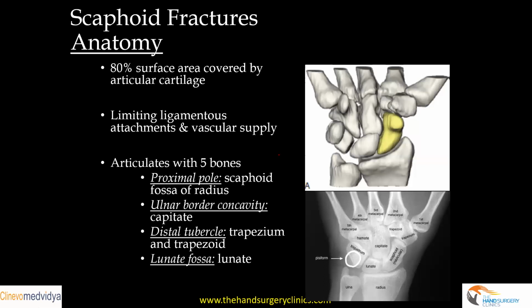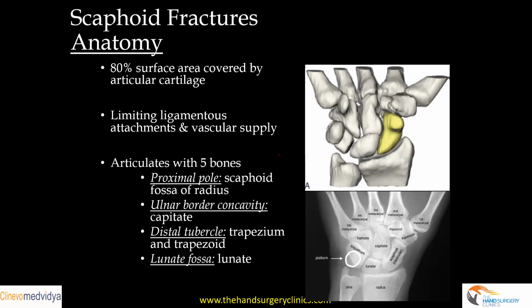We all know that 80% of the scaphoid is covered by articular cartilage, and there are multiple ligaments that are responsible for maintaining scaphoid unit stability. The scaphoid is connected to the surrounding carpal bones via multiple ligament attachments, and the vascular supply of the scaphoid is very peculiar.